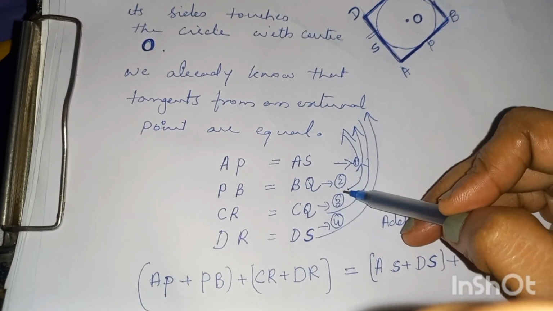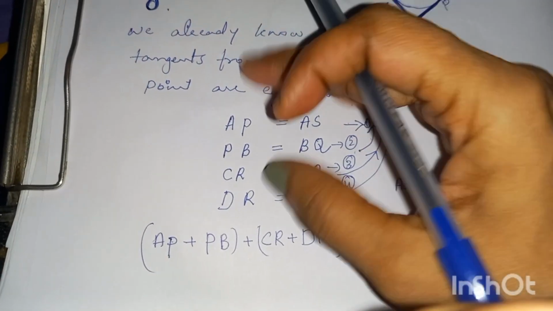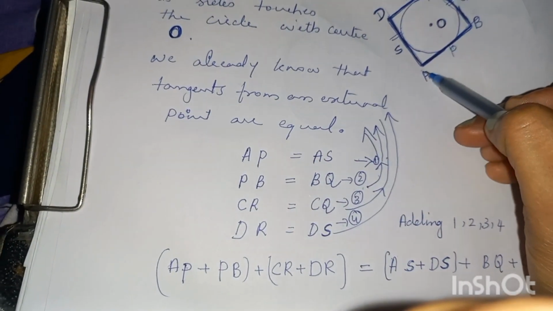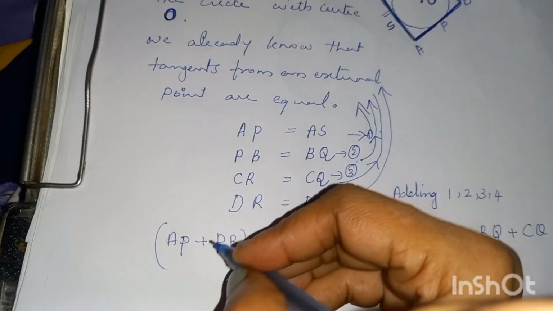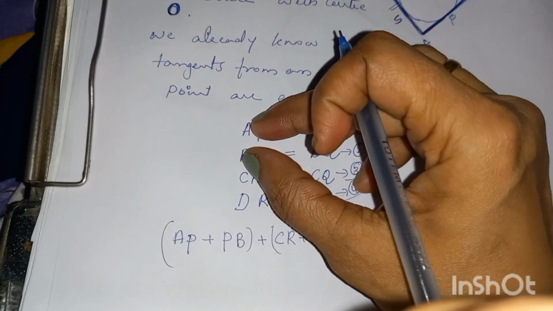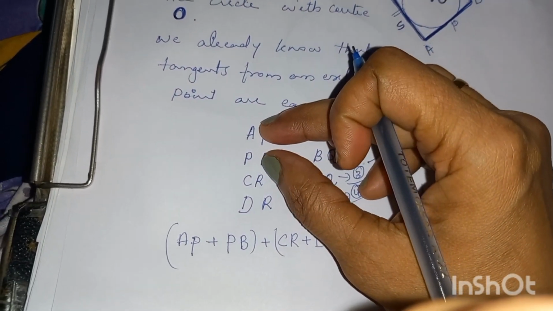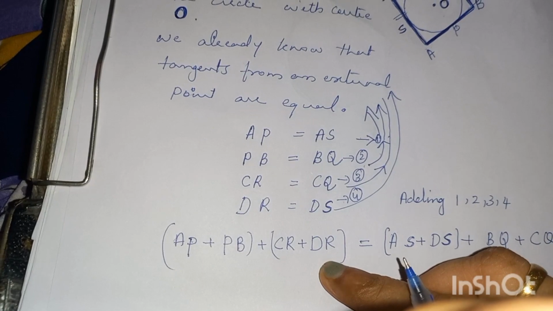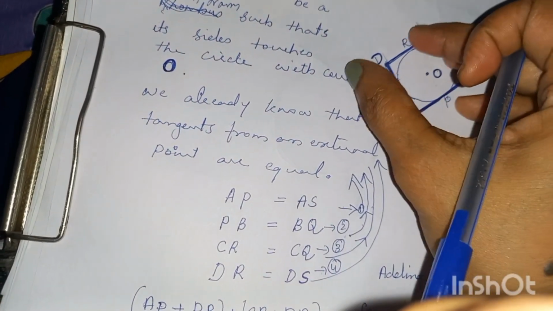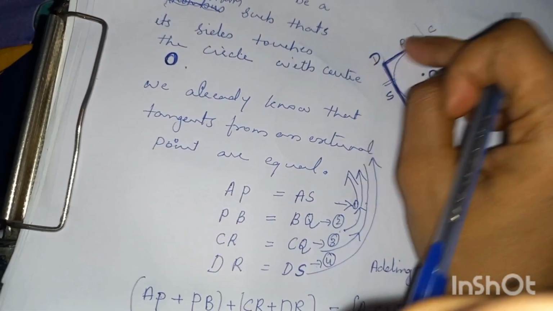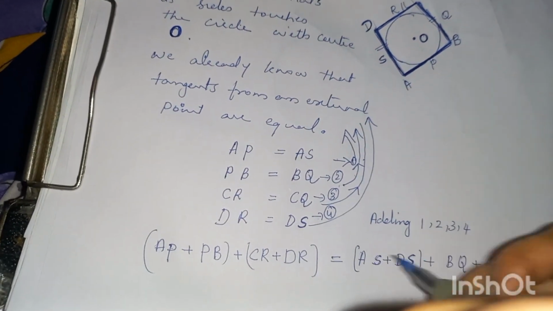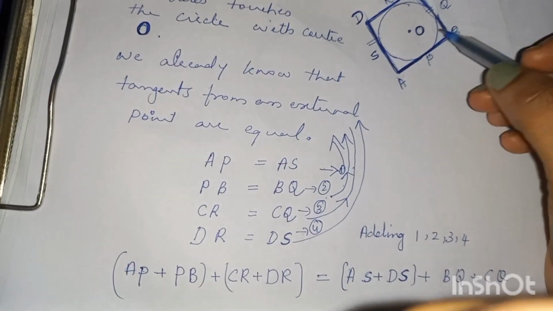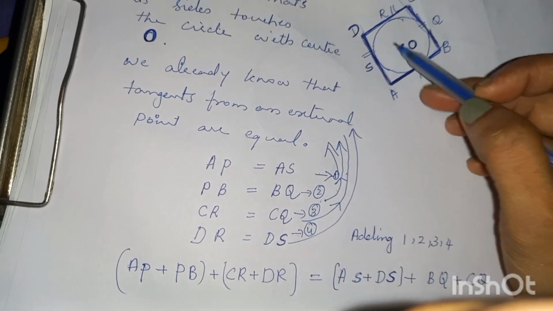Next, on the left side we have to add AP plus PB, and CR plus DR. If you add CR plus DR, we get CD. On the right side we add AS plus DS.